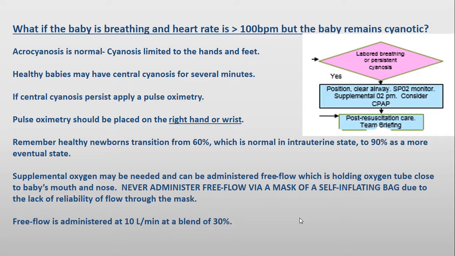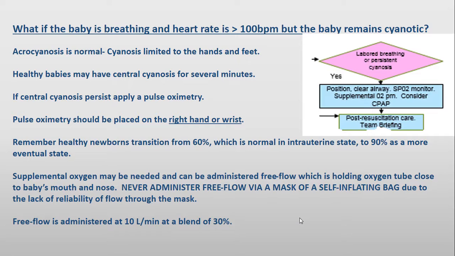We can increase this depending on the baby's response to the blow-by oxygen. So if we start at 30% and we see a rise in the O2 sat, but we are not meeting our goals, we can increase it to 40%, 50% just for blow-by purposes. If it is not increasing the oxygen saturation in the baby, then we need to consider CPAP.